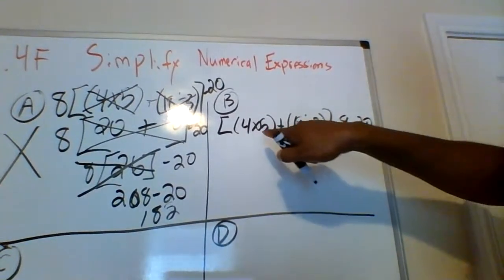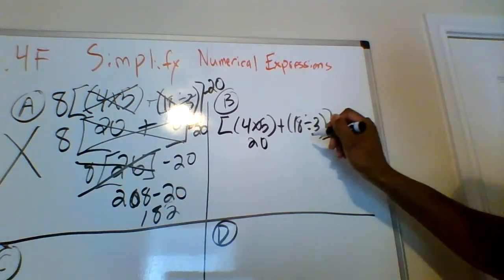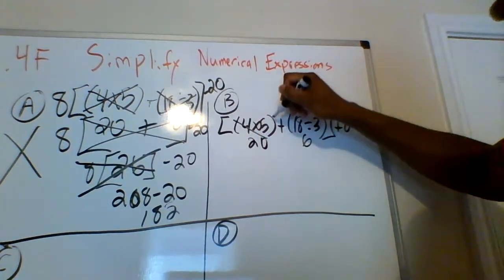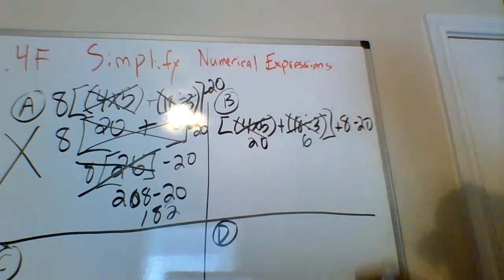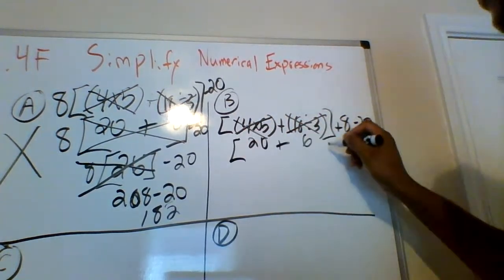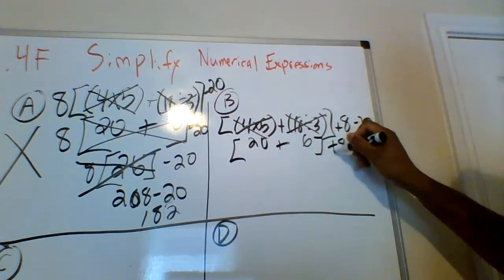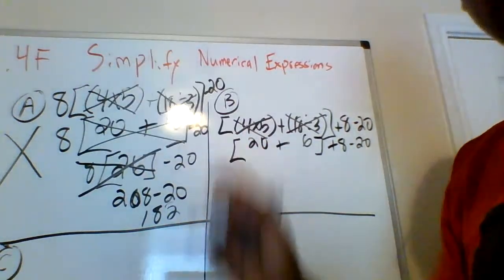Now, 4 times 5 is still 20. 18 divided by 3 is still 6. So that's brackets 20 plus 6, brackets plus 8 minus 20. All right? So parentheses is gone.